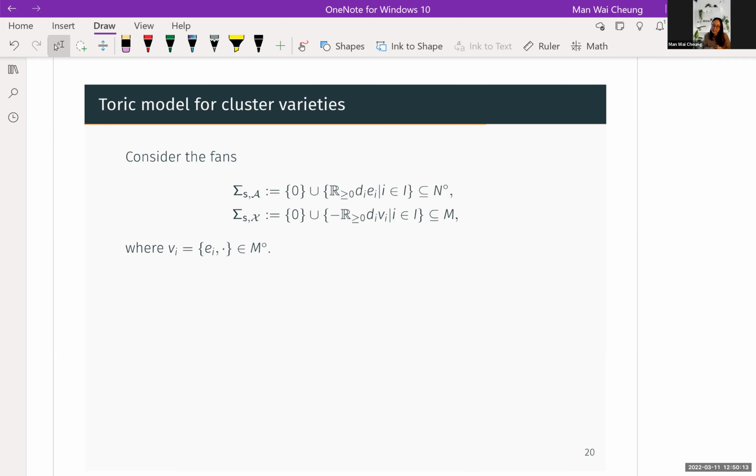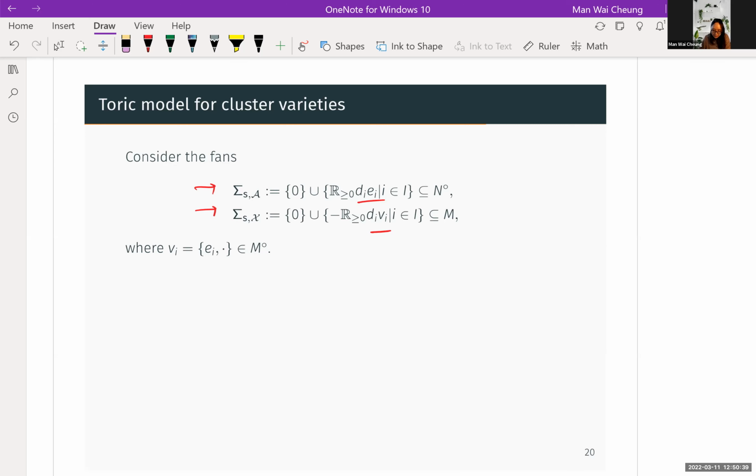Like in the GPS story, we have a bunch of primitive vectors, and then we have a fan, and then we have the toric variety, right? So here is the story. For the A and X case, we consider the two fans coming from the D_i and v_i's.